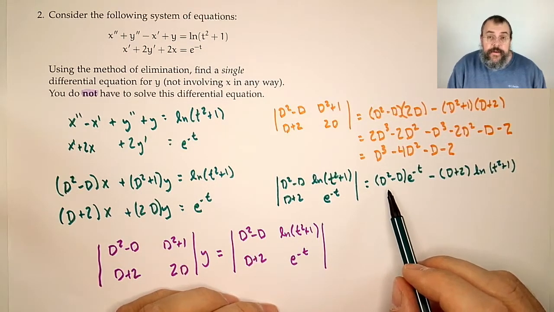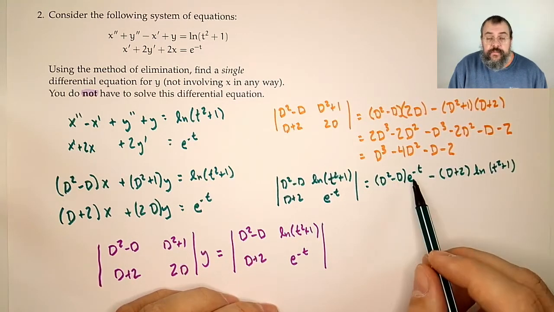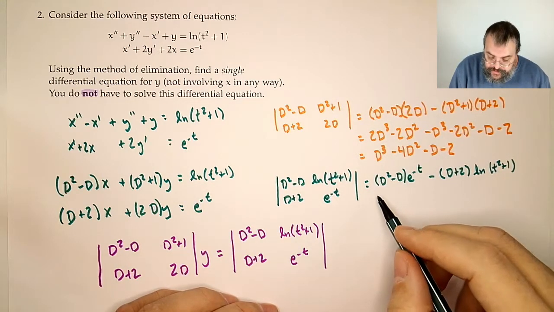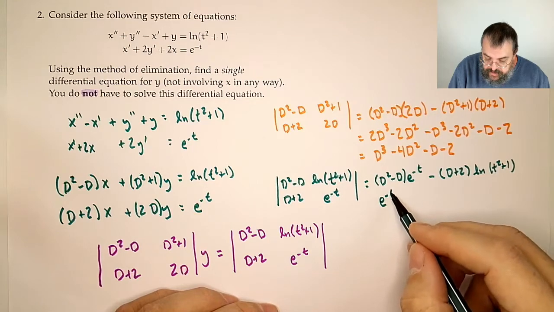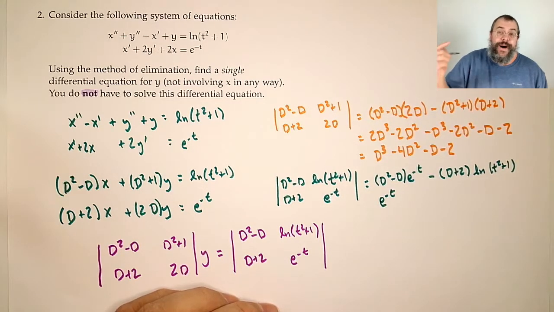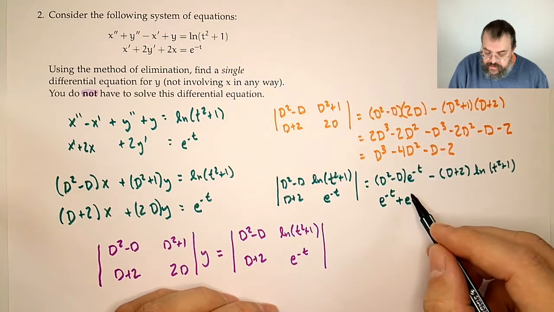So again, remember d stands for derivative. So this says take two derivatives of e to the minus t. Well, every time you take a derivative, a minus comes down. So if I take two derivatives, this would be e to the minus t. Now subtract if you took one derivative. Well, a minus would come down. So subtract a minus makes a plus e to the minus t.